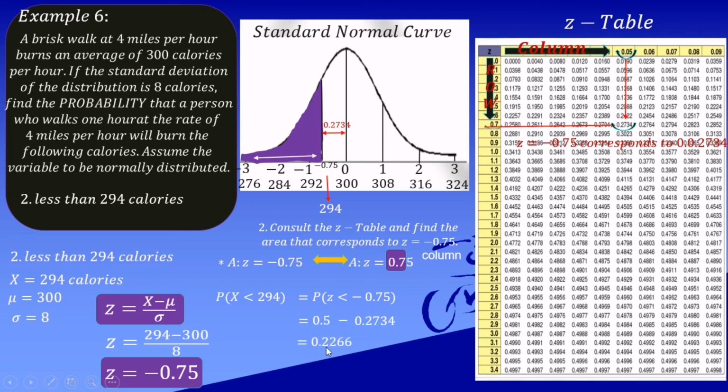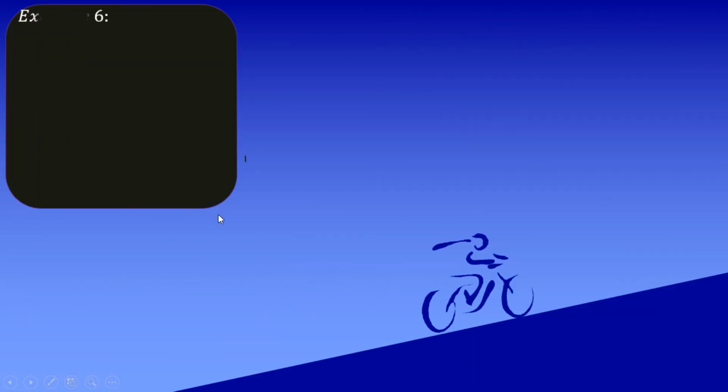Yan ang sobra natin, which is the shaded region, 0.2266. Yan ang ating probability for this shaded region. So the probability that a person who walks 1 hour in this activity burns less than 294 calories.